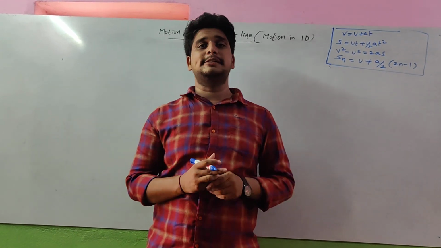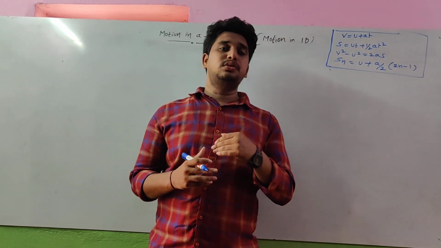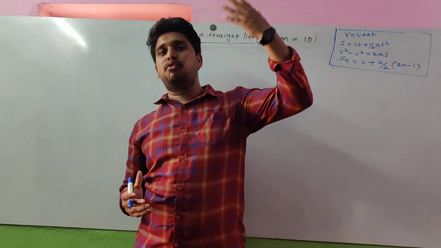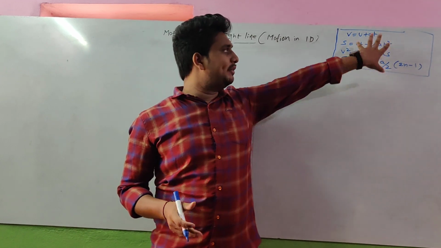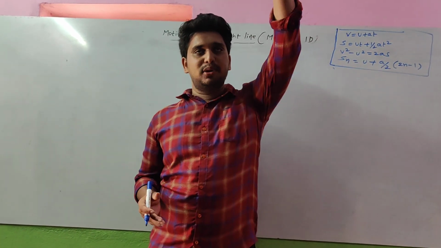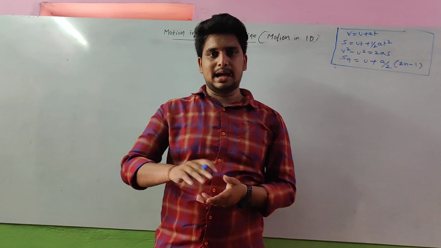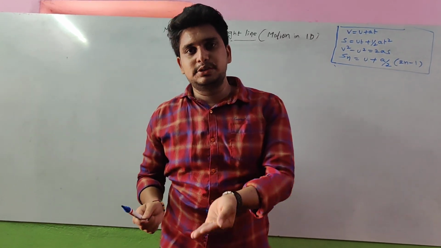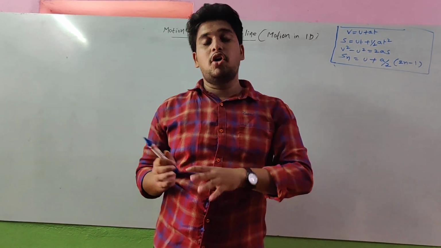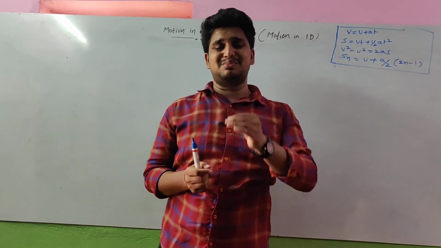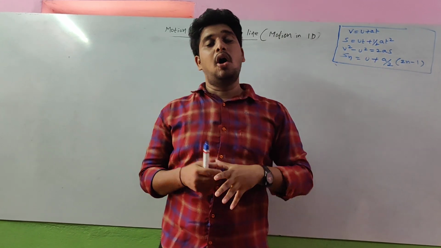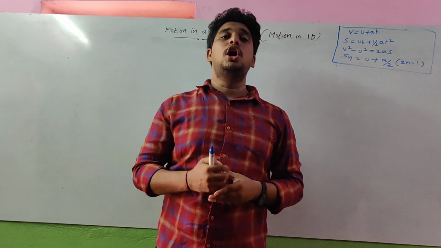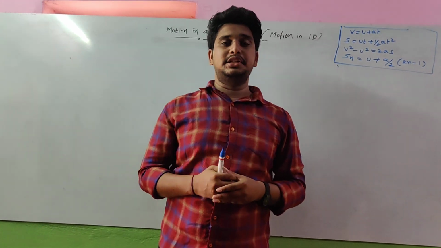Now I need to discuss how these 4 equations vary when a body is projected vertically upwards or downwards. For example, I take a stone projected vertically downwards, or vertically upwards. Then how do these equations vary? Some slight variation. I will discuss how in further lectures. I hope you all understood this lecture. Thank you.